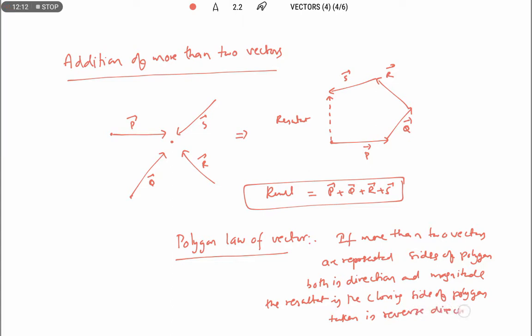So this is the statement of the polygon law of vectors, and this is the graphical method only.